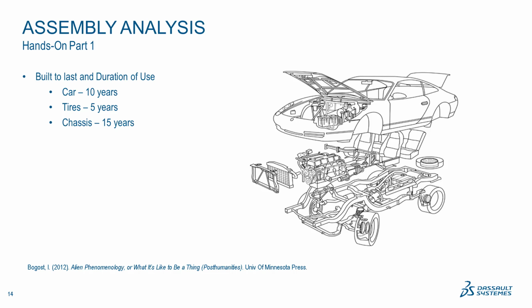But we will need to multiply the environmental impacts of the tires by 2 because they're built to last 5 years, and again, the duration of use of the car is 10 years. So you'll need to buy 2 sets of tires to match the duration of use for the car. That is the relationship between built to last and duration of use.